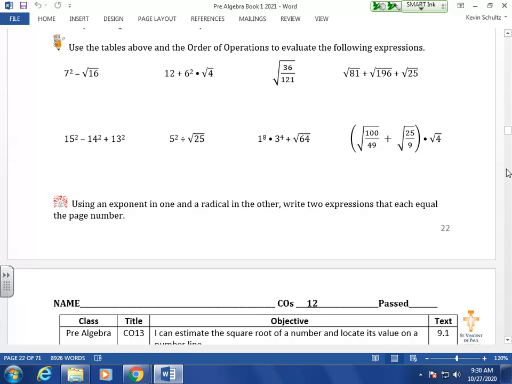So the nice thing about roots of fractions, what do we know we can do with fractions? We can turn it into a decimal. 36 over 121 is going to be kind of a nasty one, though. What else can we do with fractions? It means division. Okay.